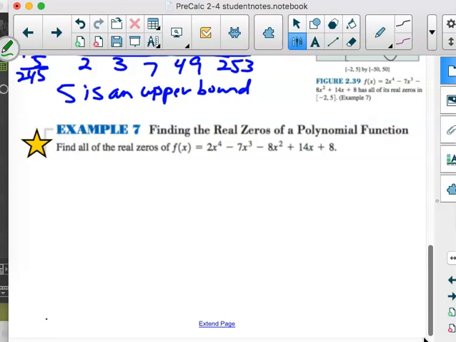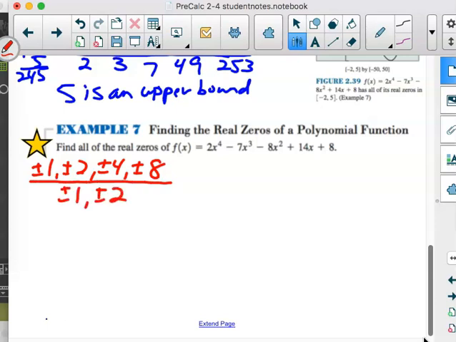So possibles, well, this has an 8 in the back, so plus or minus 1, 2, 4, and 8. And then in the front, I have a 2, so plus or minus 1, plus or minus 2. So that gives me a lot of options.